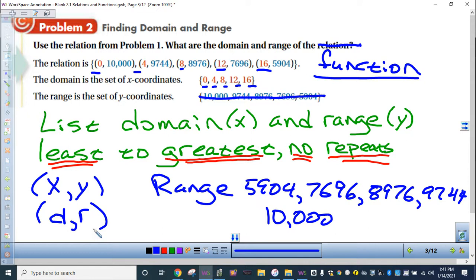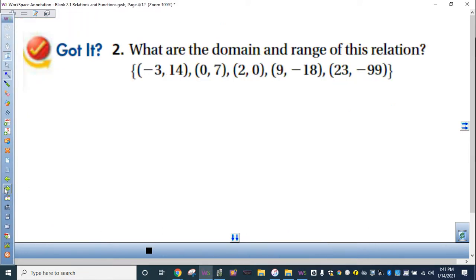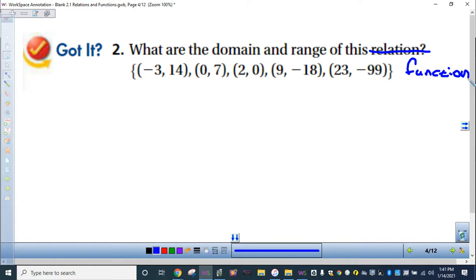Excellent. So you can see there are 12 slides, but it goes pretty quick. So, domain and range of the function. I have no idea why this textbook makes such a big deal out of the relation, because you literally will never talk about that again. So you're looking for domain and range.